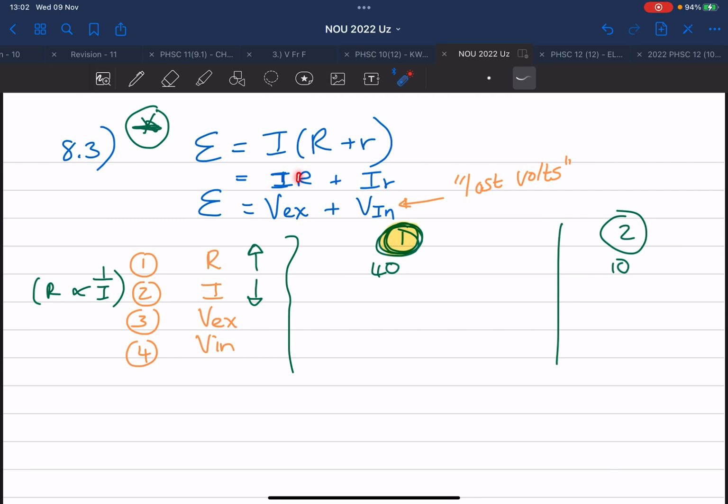All we know is the resistance and the current. If the current went down, this whole thing went down. Die stroom het afgegaan, so hierdie hele ding het afgegaan. So the volts external went down. So kyk altyd na die stroom.